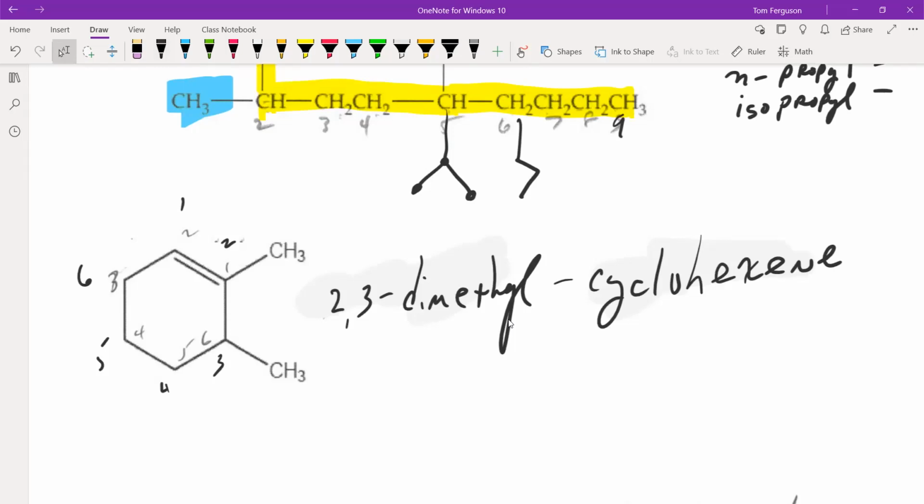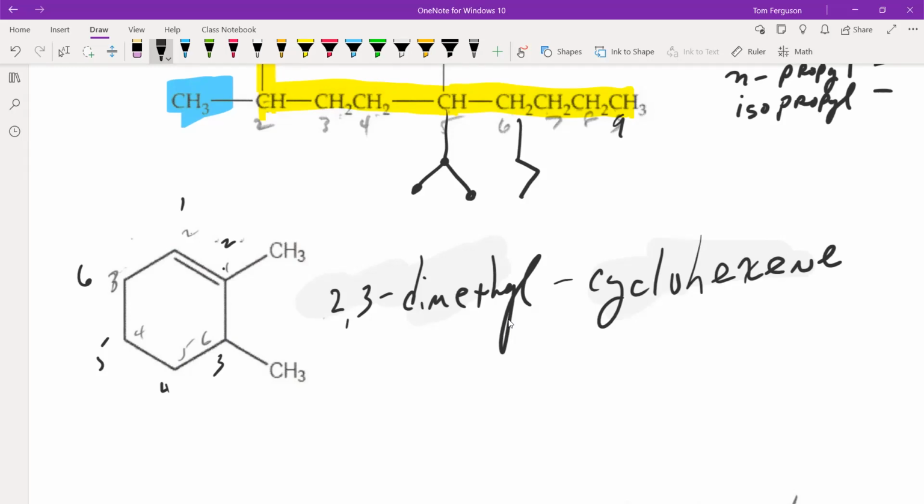All right. Here we've got a cyclohexene. Now we can number this 2 different ways relative to the double bond. We can start here. We're going counterclockwise. So it'd be 1, 2, 3, 4, 5, 6. If we started up here at the top, it would be 1, 2, 3, 4, 5, 6. And going clockwise gives us the lower numbers.